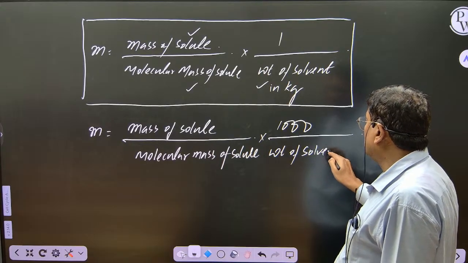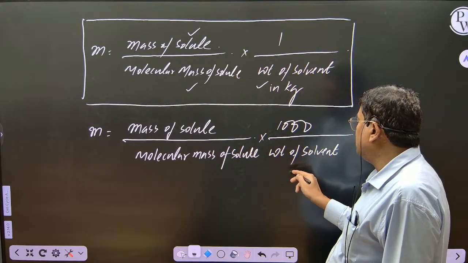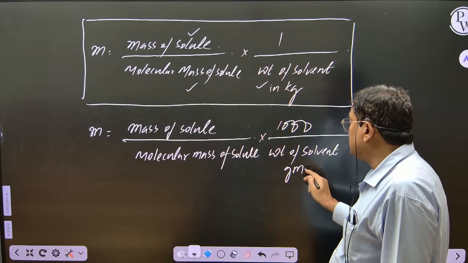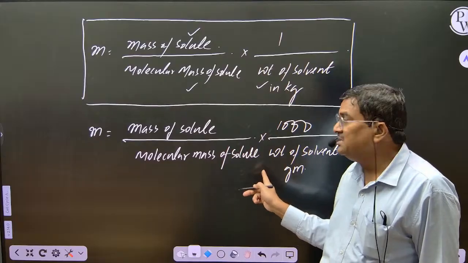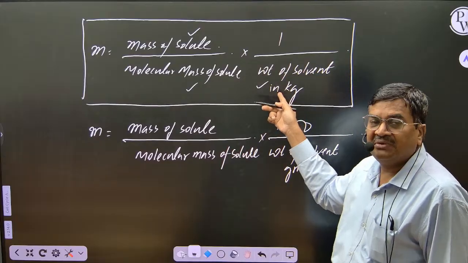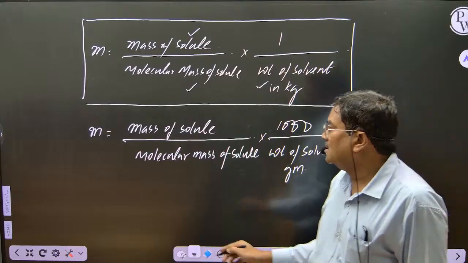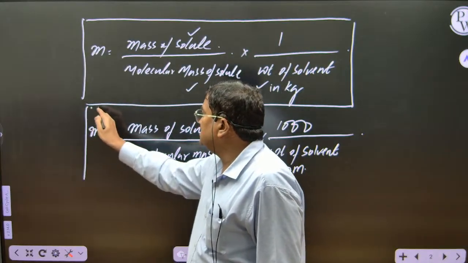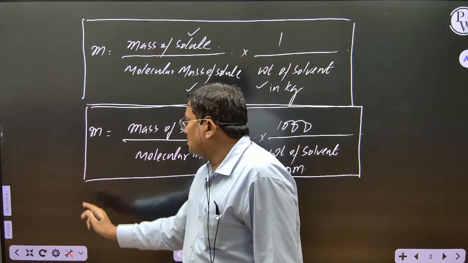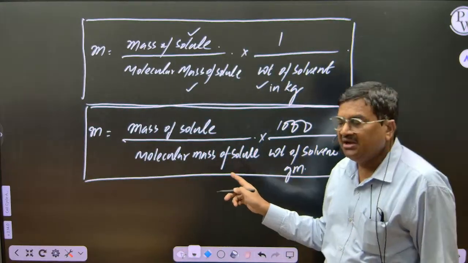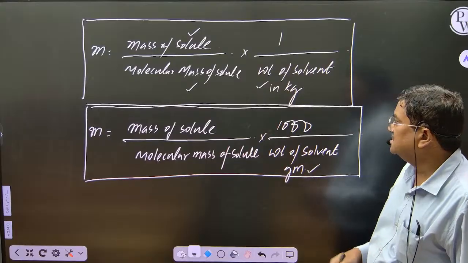Understood, students? That means we take this relation if the weight of solvent is given in grams. If they give kg directly, no need of multiplying with 1000. So copy this relation. When do we take this relation? If the weight of solvent is given in grams.